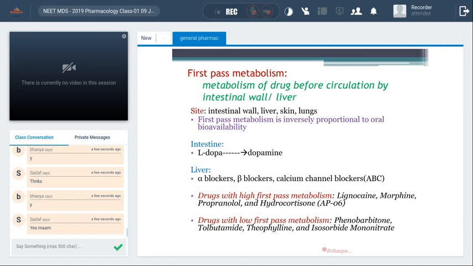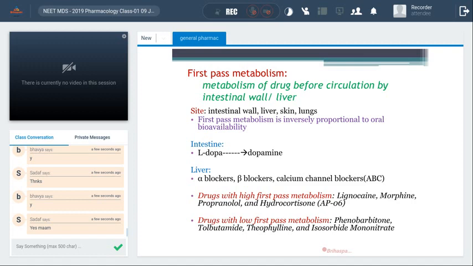And morphine also is never given by oral route, it's only given by IV because of its very high first pass. Propranolol has high first pass, but it is available as an oral tablet, because of other properties which we see in the propranolol beta blocker chapter. And hydrocortisone is the fastest acting steroid. It is never available as an oral preparation because of its very high first pass.